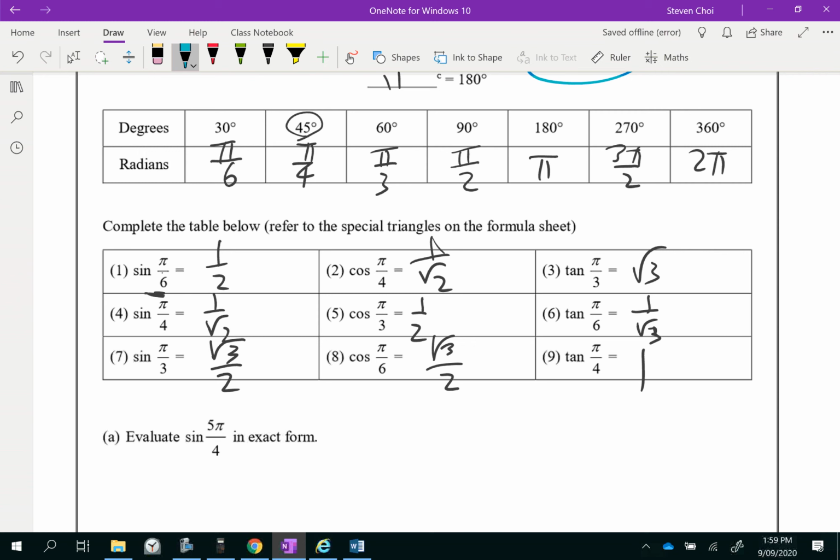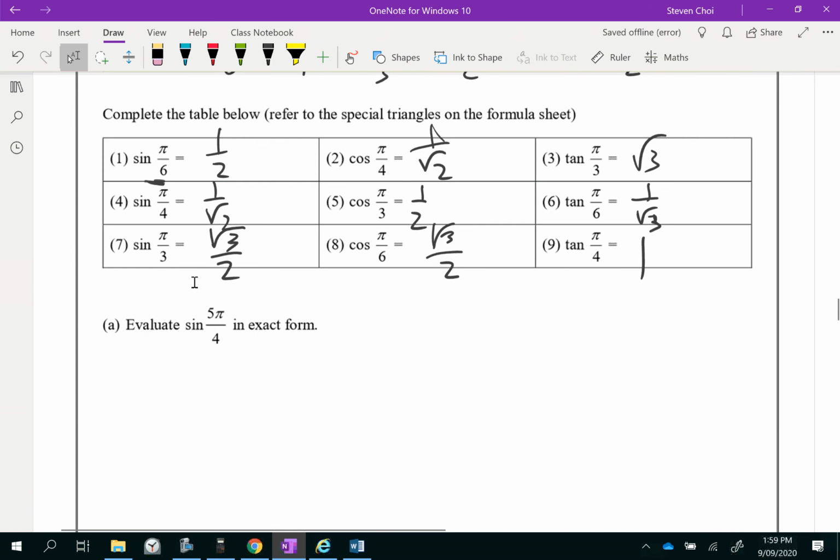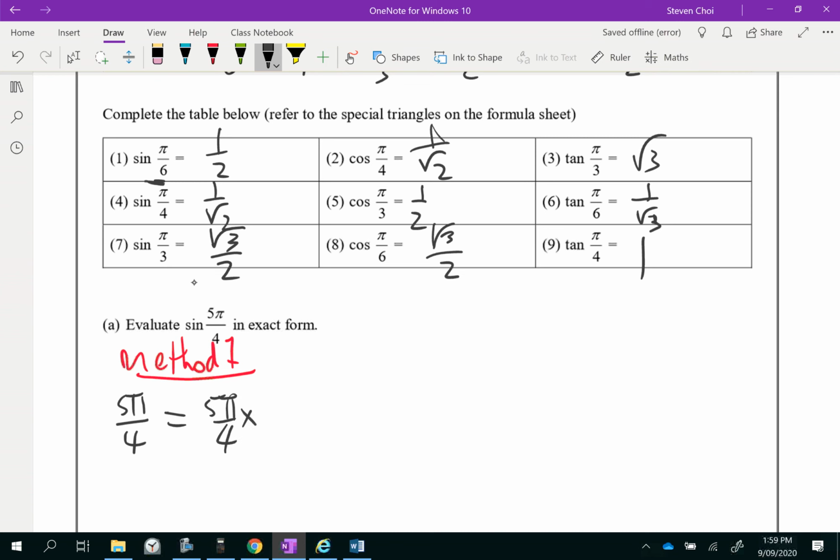Okay, any question? Let's go through the next one. This is important. Let's go through sine 5 pi over 4. So how does this work? There are two ways. Method one is you convert that to degrees. To convert to degrees, you times by 180 over pi.